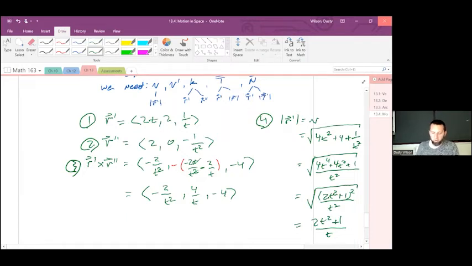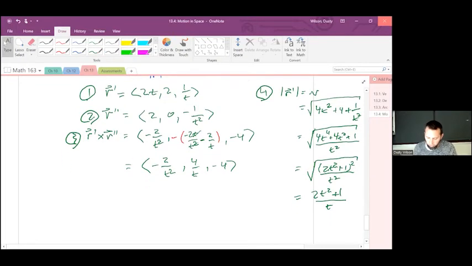So we found our velocity function. If it helps, this could also be written as just 2t plus 1 over t. Okay, so we have our r prime magnitude or our velocity function.